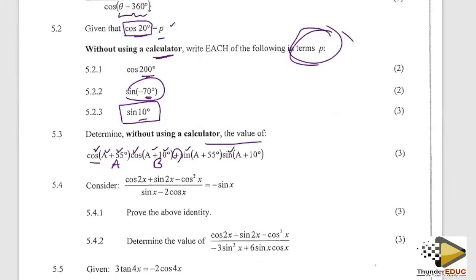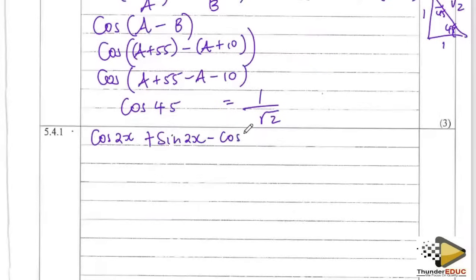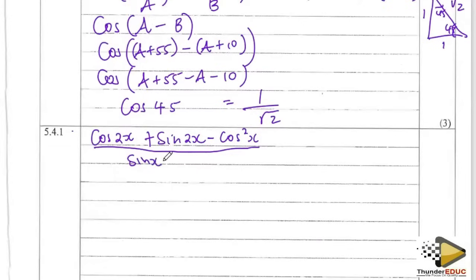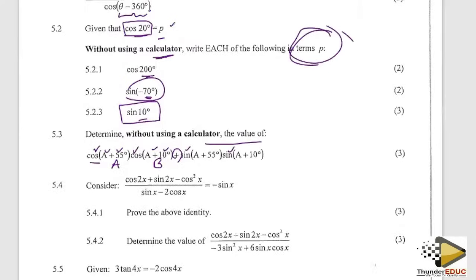We are subtracting cos squared x. And then we are dividing this whole thing by sine x minus 2 cos x. They're telling us this must reduce to negative sine x.